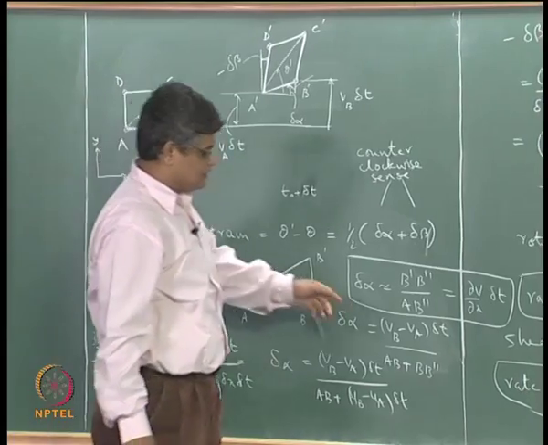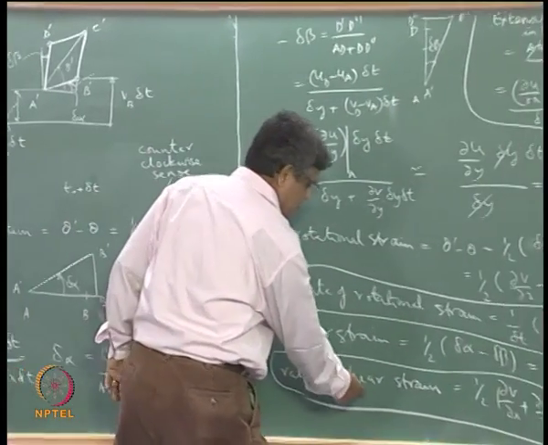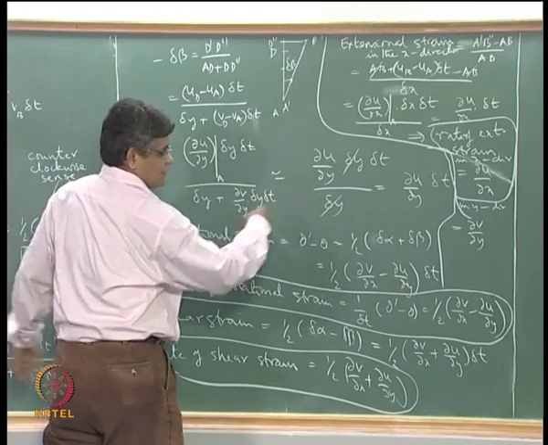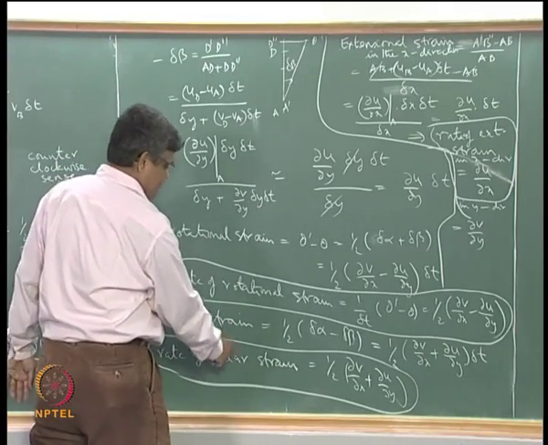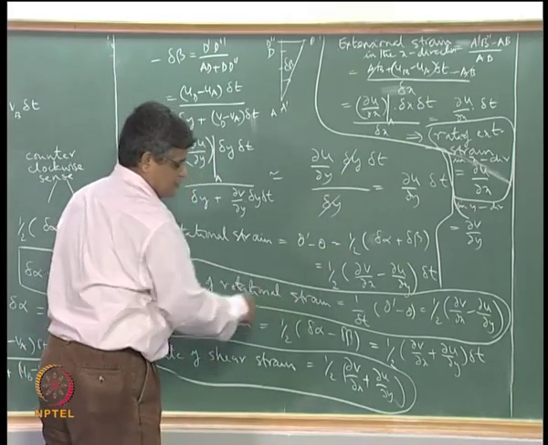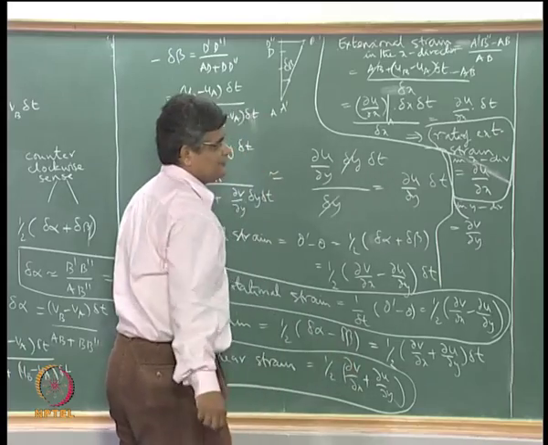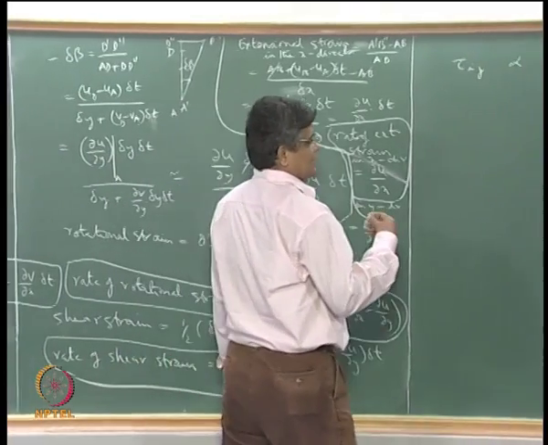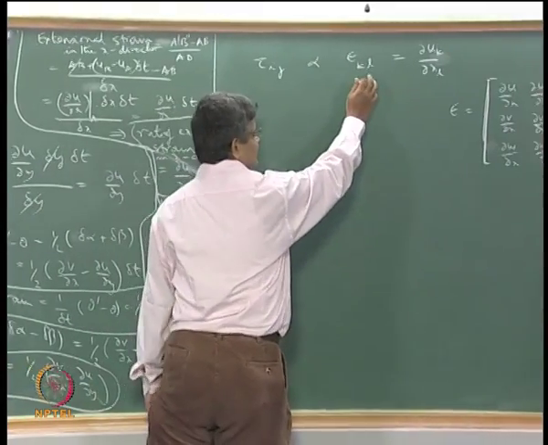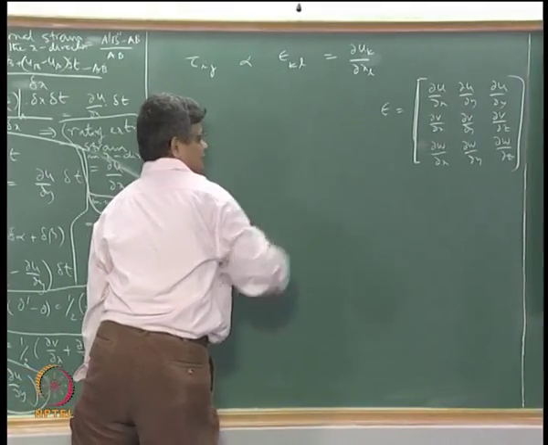And because various components of the deformation like shear or rotation and extension are linear combinations of these velocity gradients, we can seek a general relation between stress and a strain rate tensor which is defined like this.